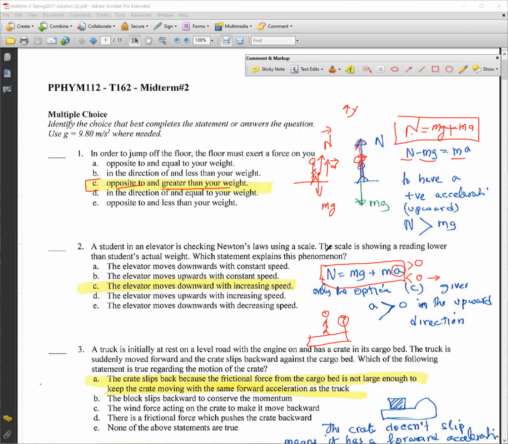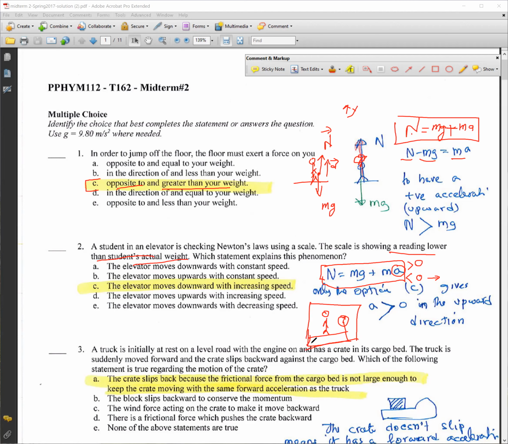Now, because the scale is showing a reading lower than the student's actual weight, that means the elevator is moving with a negative acceleration.